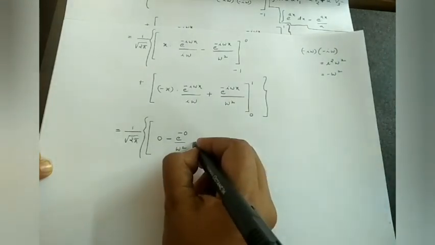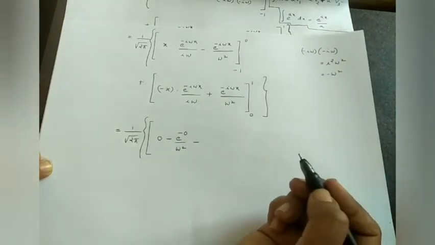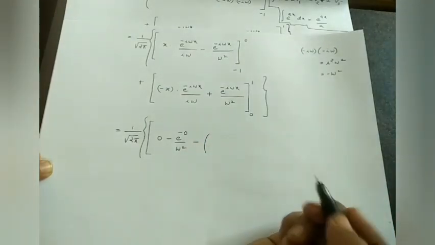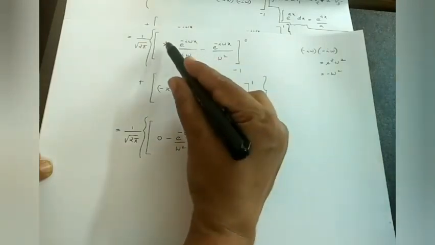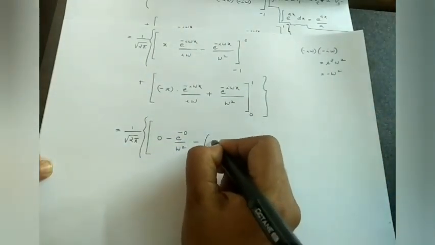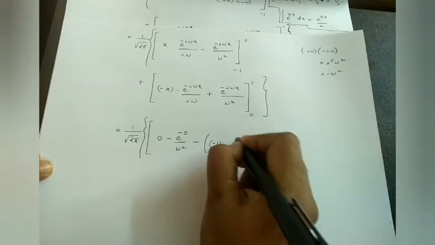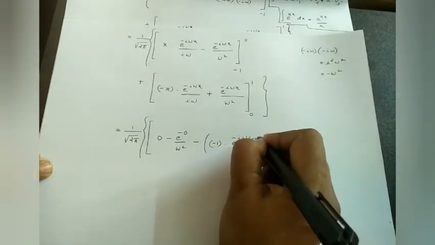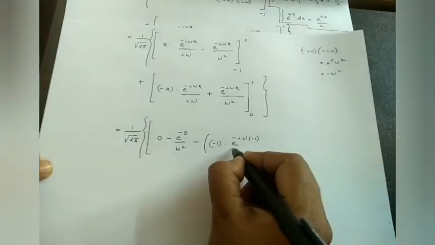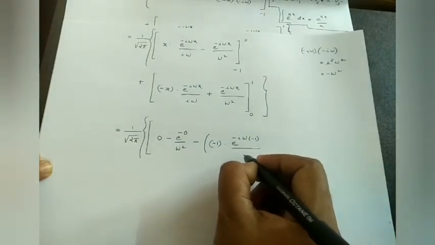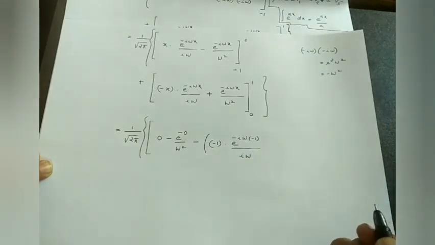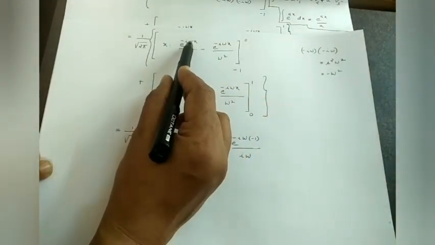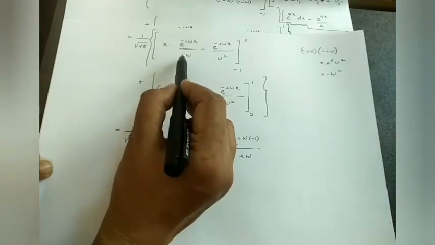Then before applying the lower limit, we put a minus sign, then a bracket, applying x equal to minus 1, that is minus 1 into e raised to minus I omega into minus 1. Utmost care must be taken when writing all these terms, divided by I omega.